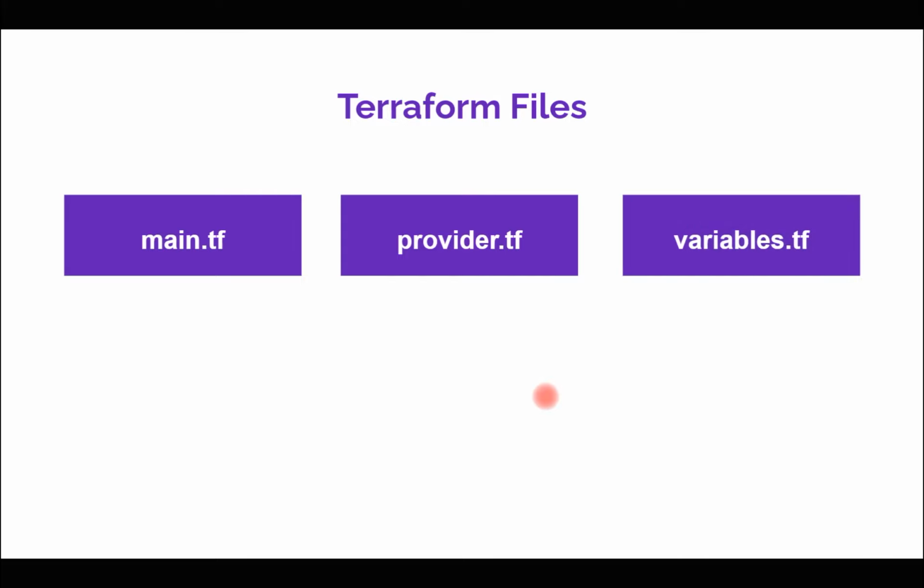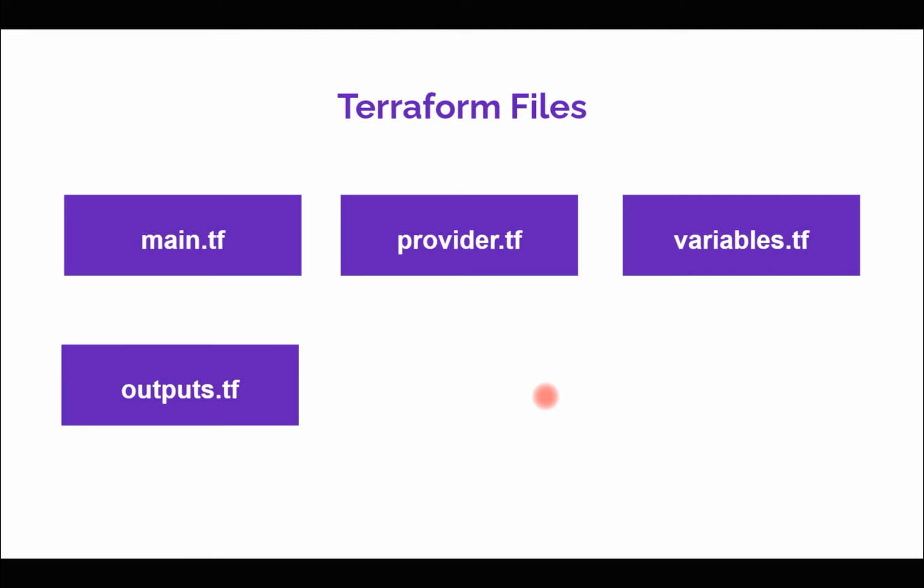Next, we have the variable file. This file defines any variable that we want to use in our Terraform configuration, and it allows us to reuse values across multiple resources and make our Terraform configuration more dynamic. Next, we have the output file, which defines the output that we want to generate from our Terraform configuration.